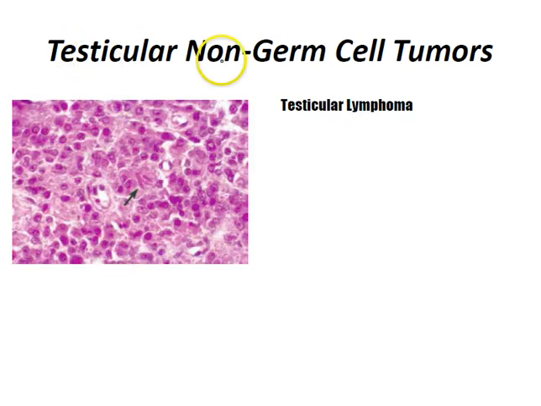Now let's go on to testicular non-germ cell tumors. And these are sex cord stromal tumors, which include Leydig cell and Sertoli cell tumors. Now, the Leydig cell, or the interstitial tumor, is a benign tumor that produces androgens or estrogens.